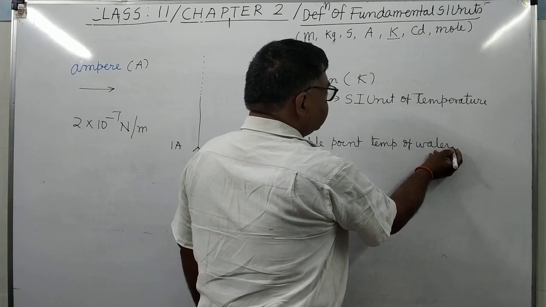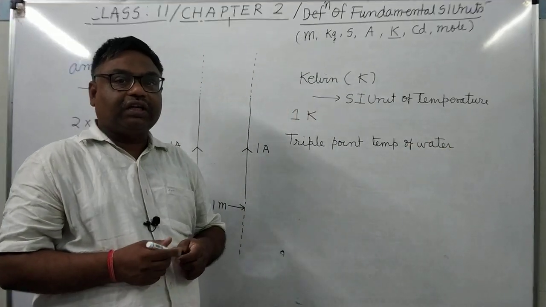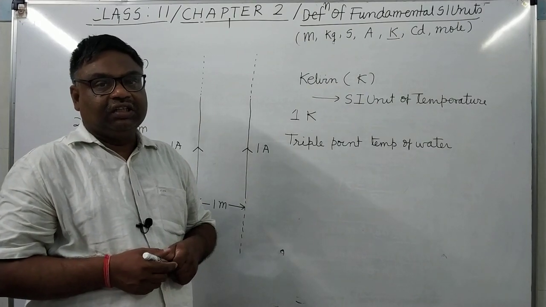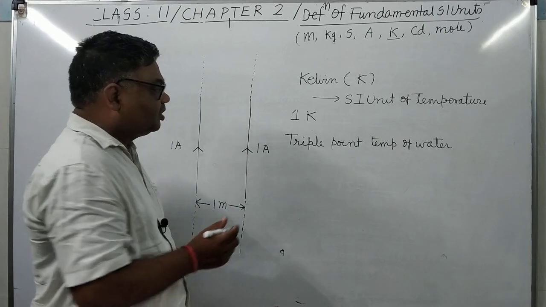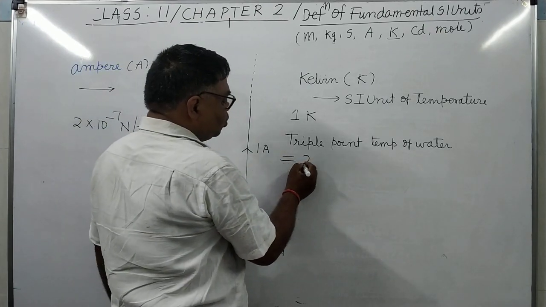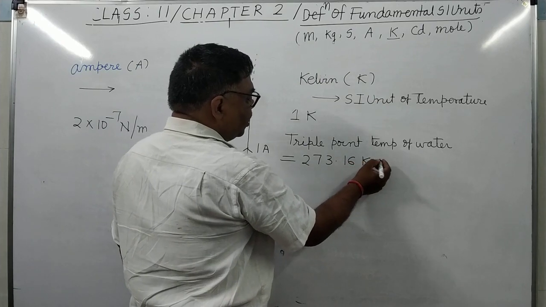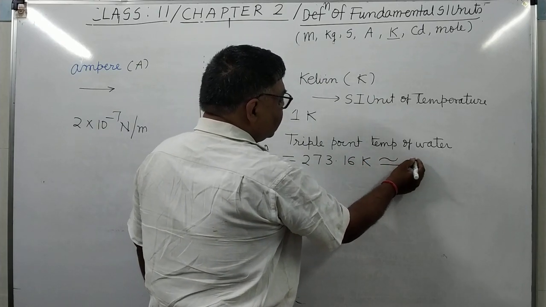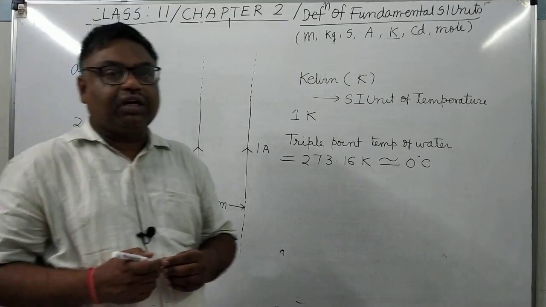The triple point temperature of water is that temperature at which water exists in all three states. Numerically it is 273.16 Kelvin. In degrees Celsius it is nearly 0 degrees Celsius, which you know is the melting point of ice.